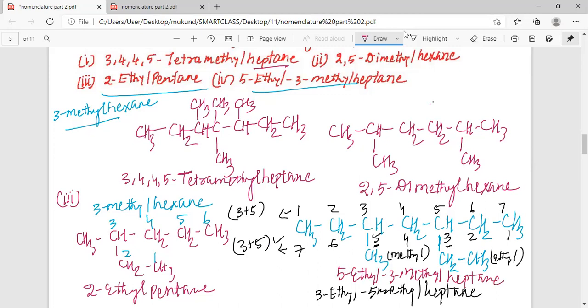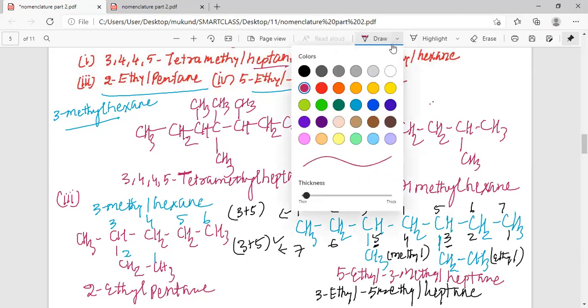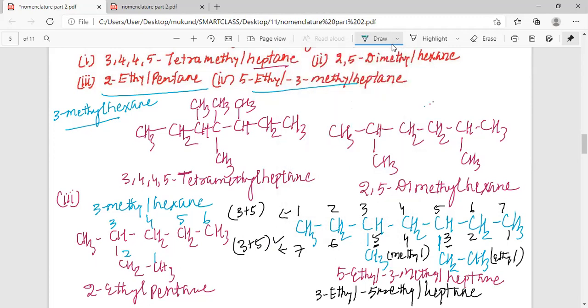So, my dear students, when we draw the structure, we realize that the name which is given in the question is not correct, and this name should actually be 3-ethyl 5-methyl heptane.